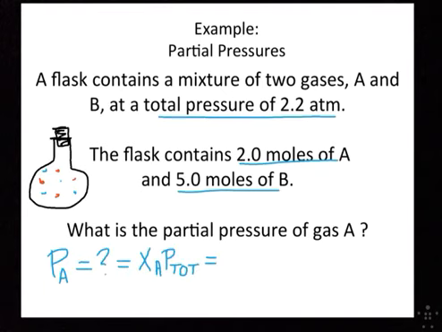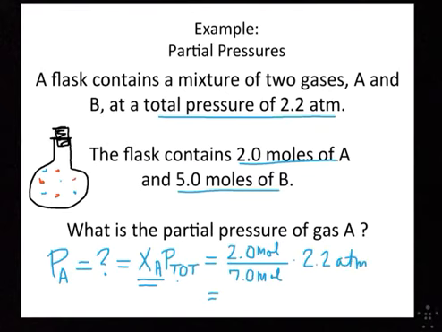Well, we just said that the partial pressure of A is going to be equal to the mole fraction of A times the total pressure. The mole fraction of A is just going to be 2.0 moles, so that's our nA, over the total number of moles. So we've got 5 plus 2, so 7 moles total. And our total pressure is 2.2 atmospheres.